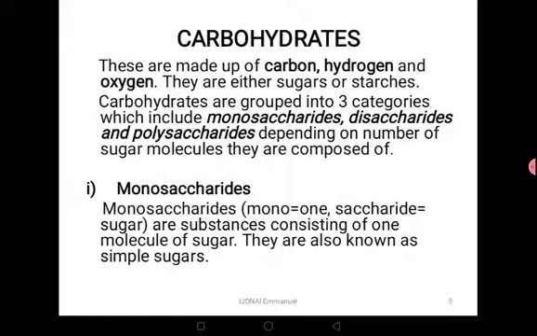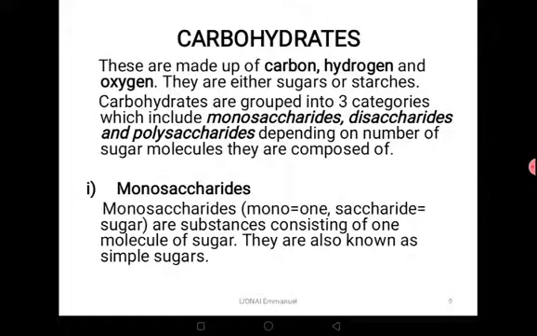These carbohydrates are also grouped into 3 categories. There are those ones that are called monosaccharides, that we shall look at later on. Then there are those that are called disaccharides, and then there are those that are called polysaccharides. So if you are asked, give 3 categories of carbohydrates, you should be able to ably give the 3: monosaccharides, disaccharides, and polysaccharides.